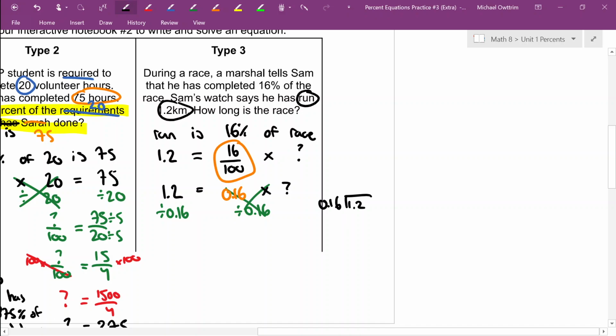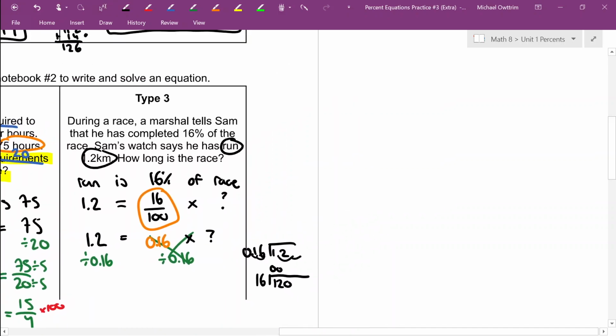In order to do this division, we're going to move our dot twice in our divisor to make the whole number 16. And then that means we have to move it twice in our dividend to make the number 120. So 16 goes into 1 0 times. 16 goes into 12, 0 times. And now we have to think about 16 into 120.